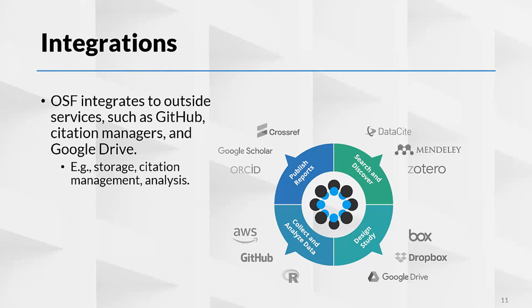Things like GitHub, Zotero or Mendeley. Maybe you need more storage space, so you can link up everything from Amazon Web Services, like cloud storage, or there's integration with Google Drive for Google Docs, or for storage in Google Drive, that sort of thing.